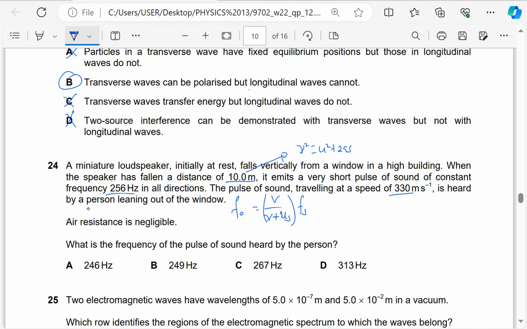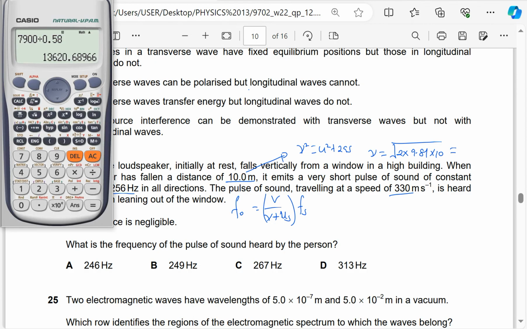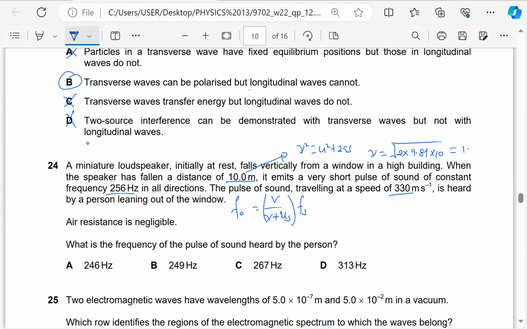It starts from rest, so initial velocity is 0. So v is going to be the square root of 2 times a, which is 9.81, times s, which is 10. So v is the root of 2 times 9.81 times 10, which is approximately 14.